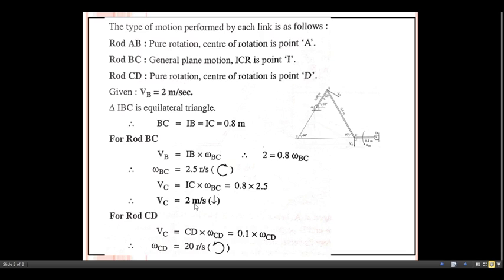Just substitute the value VC equals 2 meters per second here, and do the calculation for omega CD. So omega CD we get is 20 radians per second.